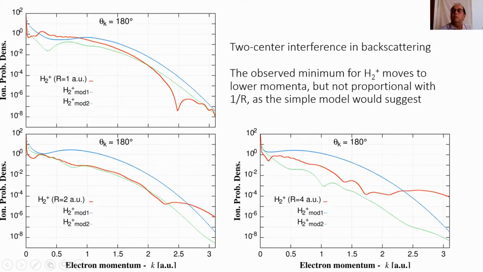In a simple model, the value of the momentum for this minimum should be proportional to 1 over r. But this is not exactly proportional, but you see that this observed minimum moves to lower momenta as the r increases.